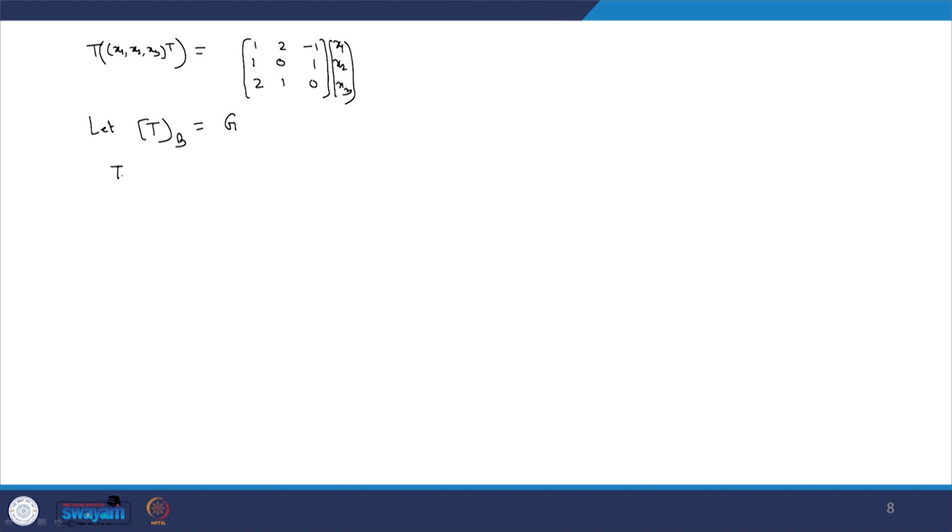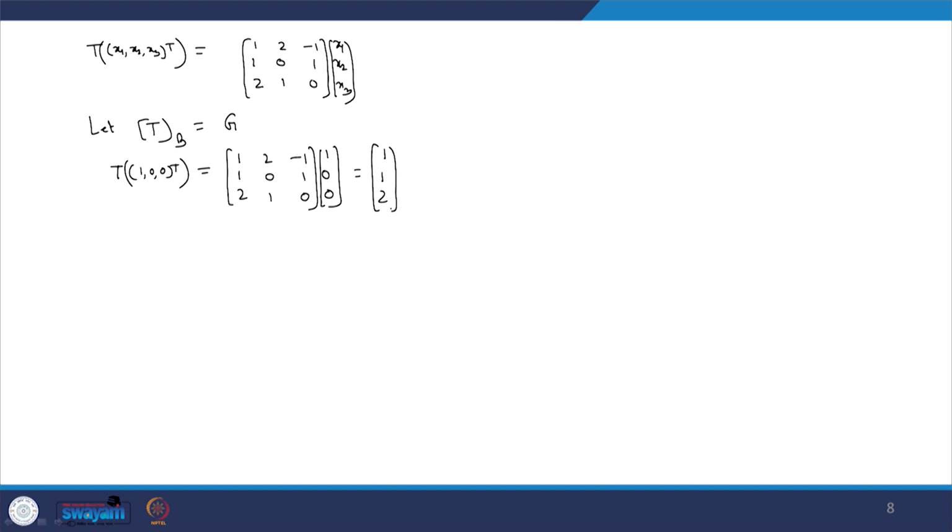Now, T of 1 0 0 transpose, if I consider this one, that is equal to how much? This is equal to the matrix 1 2 minus 1, 1 0 1, 2 1 0 times 1 0 0, which is equal to, I will simply have 1 1 2.